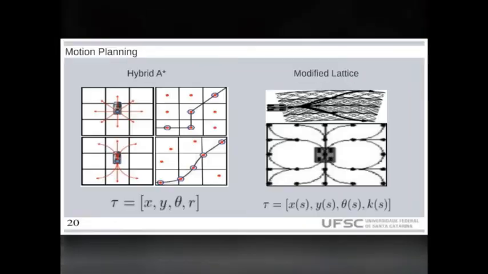So motion planning. For motion planning in Autoware AI, I use a hybrid A-star and a modified lattice, where they just adjusted the standard A-star and lattice from the literature that I explain in my thesis that I will make available. They just modified it for non-holonomic robots. So here we have a normal robot, but a car does not go diagonally.